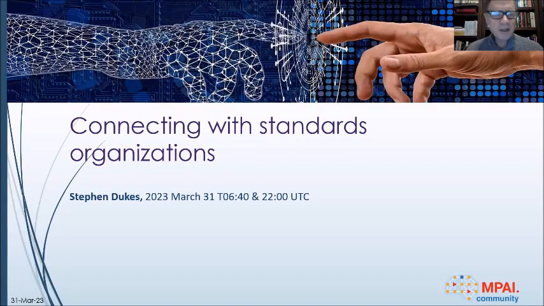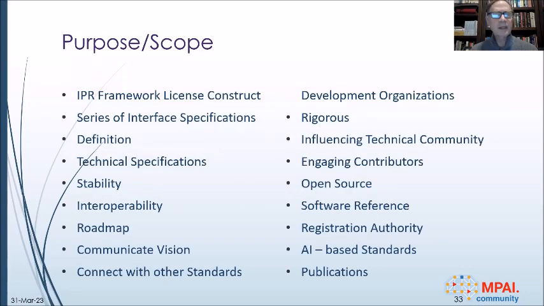So I'm going to discuss a bit about how we are connecting with the standards organizations. Next slide. The purpose and scope of these standards, there are a wide range of areas that are very important. One of them for us is the intellectual property rights for framework license construct.